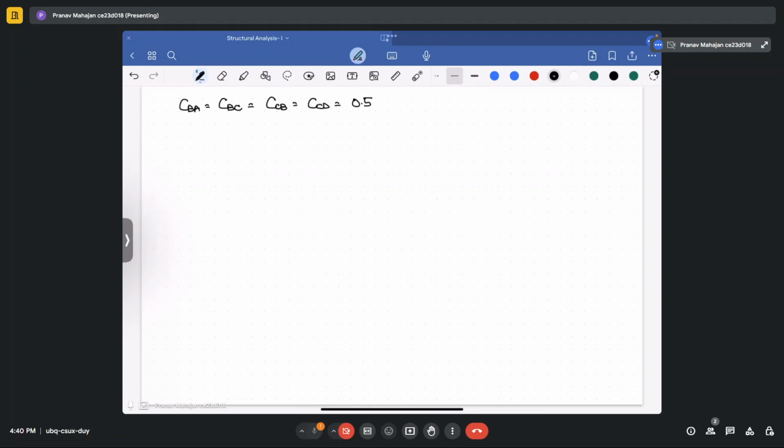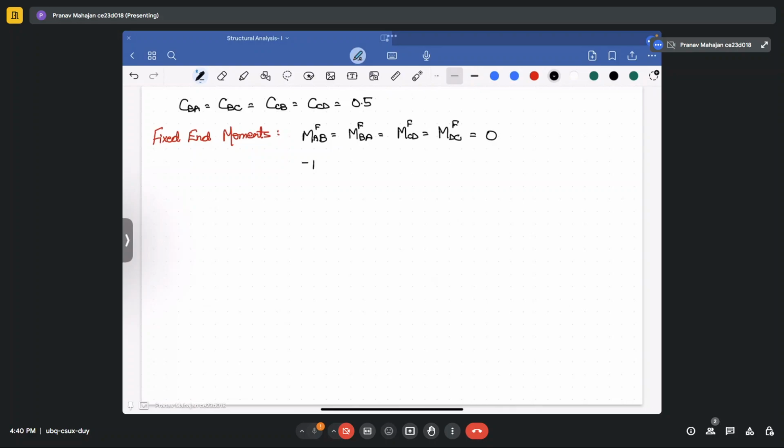Okay. So now let's calculate the fixed end moments. What will be the fixed end moments? Since the two spans AB and CD carry no load, MAB, MBA, MCD and MDC will be equal to 0.